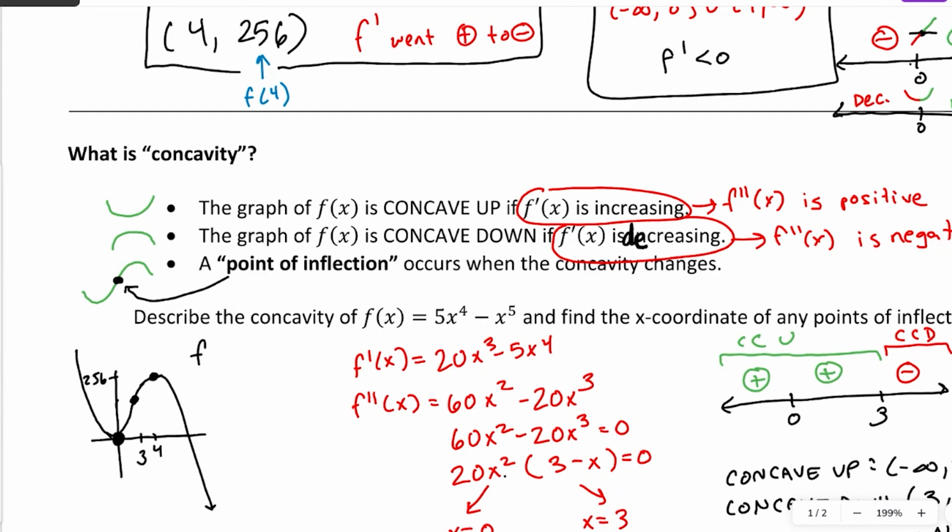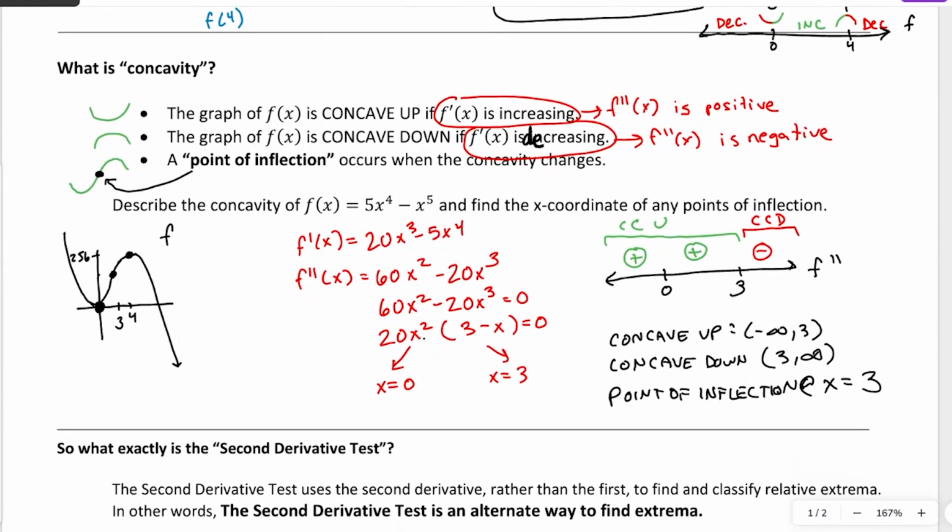If you were going to try to find the y value of the point of inflection, would you plug it into the equation for the second derivative? Neither, it's f. So if we want to find where that is, it would be at 3, comma, and then this would be f of 3.